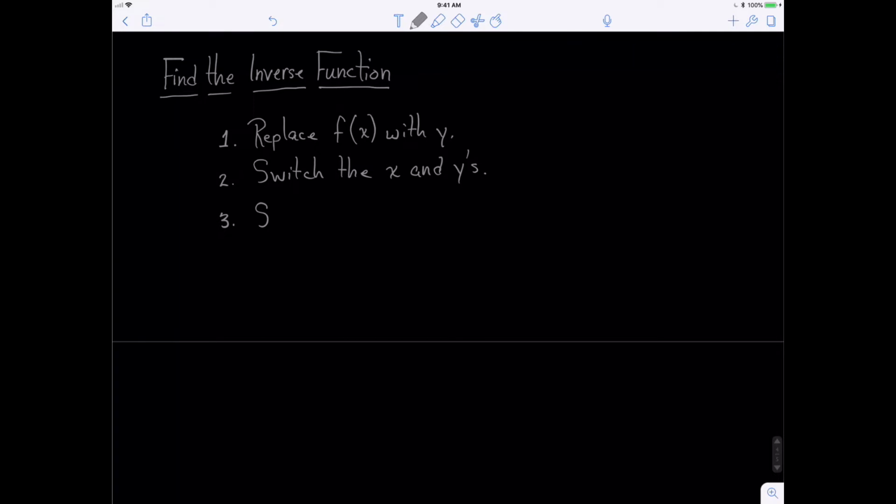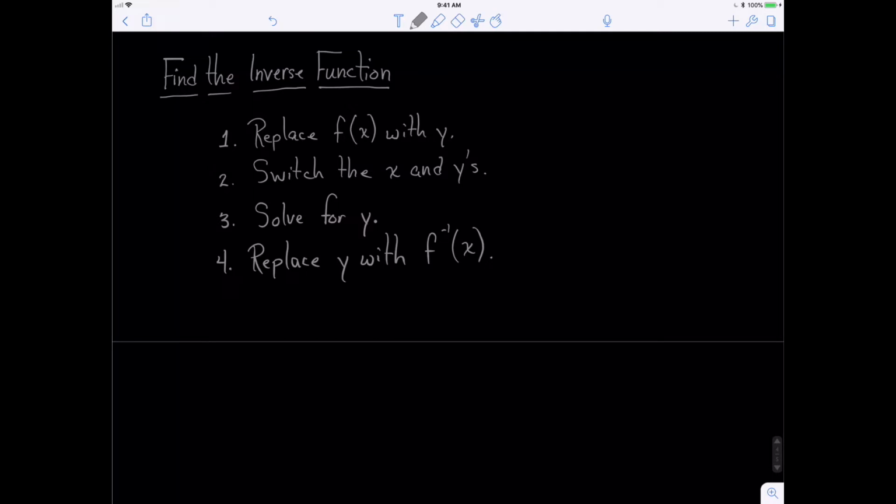Solve for y. And then 4 is replace y with f inverse of x.